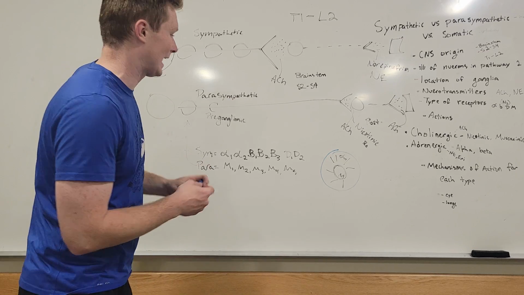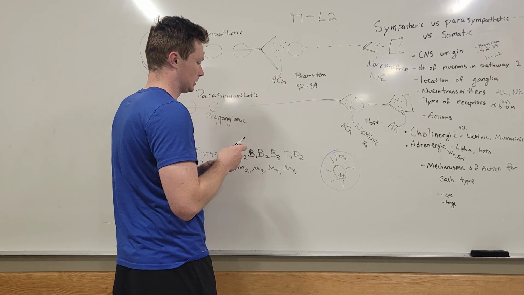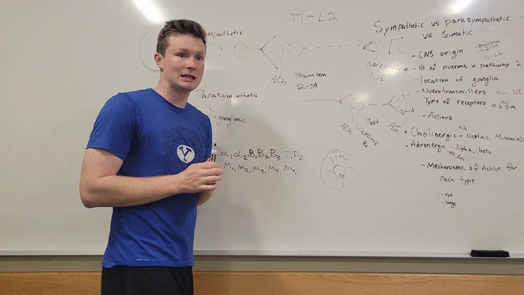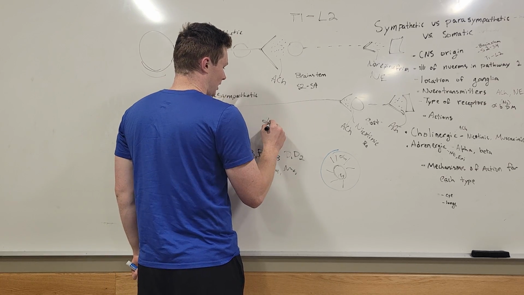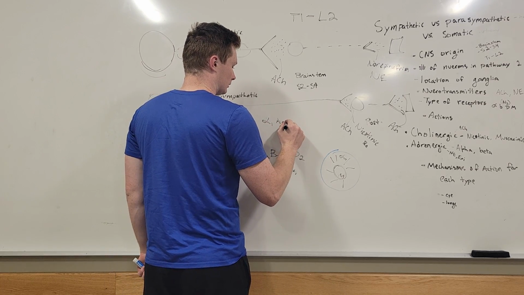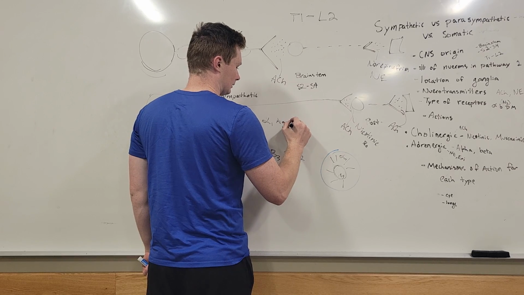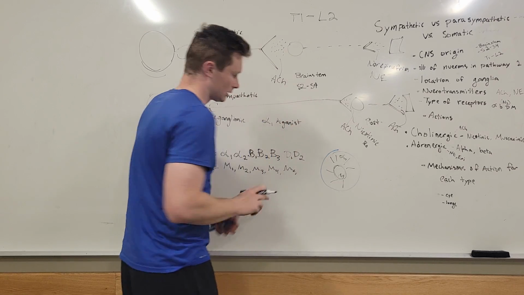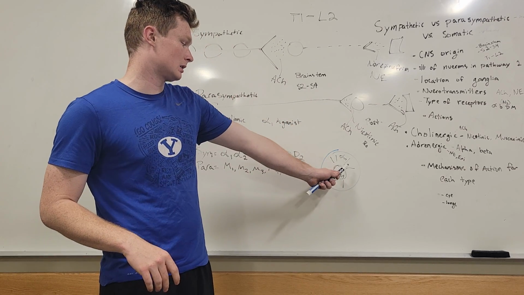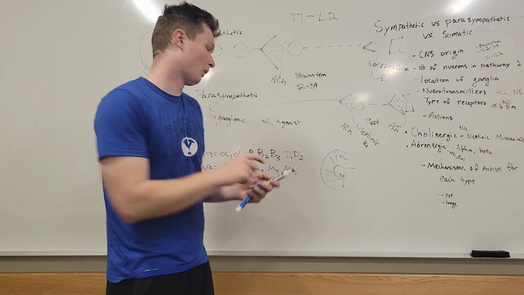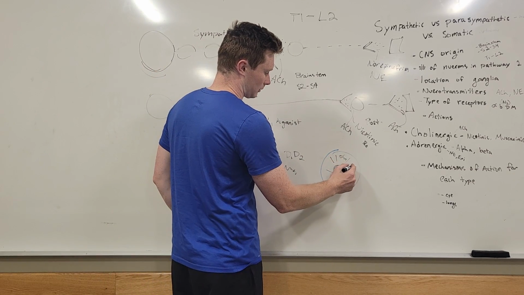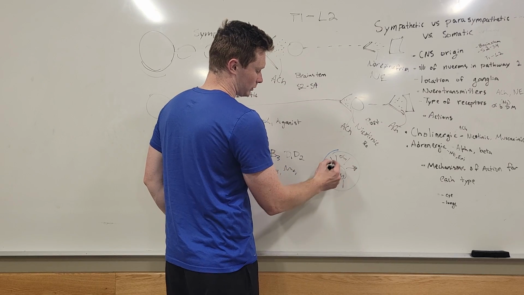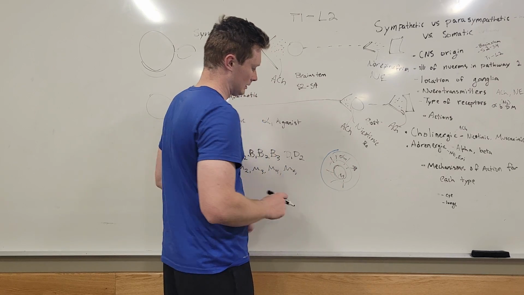We're getting an agonist. An agonist means it activates it. So we'll say we got an alpha 1 agonist, which would make your eye dilate. It pulls this outwards, so we'd have a really big eye.